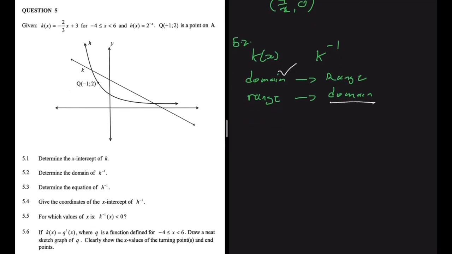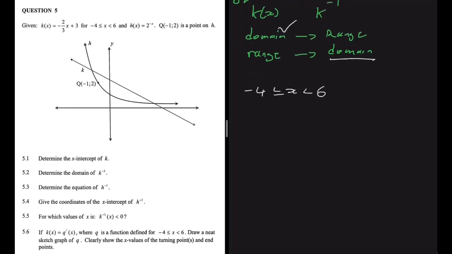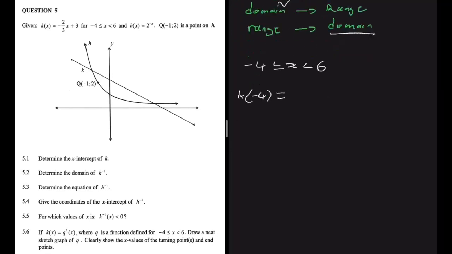So the domain of k of x, we have minus 4. And then we're supposed to have x between minus 4 and 6, right? So let's go ahead and find the range of k of x. So we're going to say that k of minus 4 is equal to minus 2 divided by 3 multiplied by minus 4, right? Plus 3. And this will be equal to 5.67.